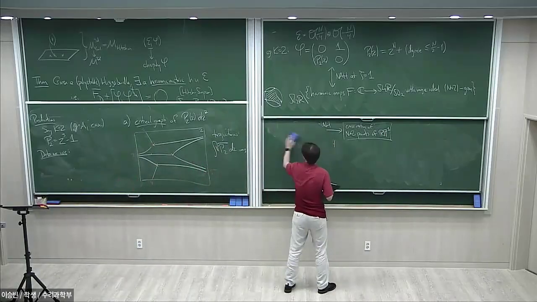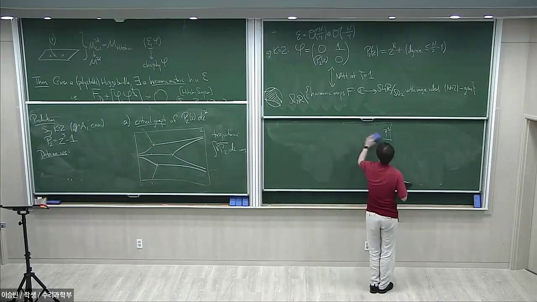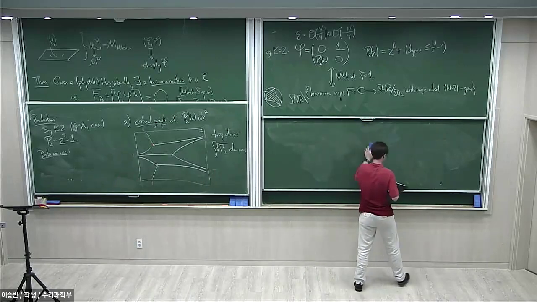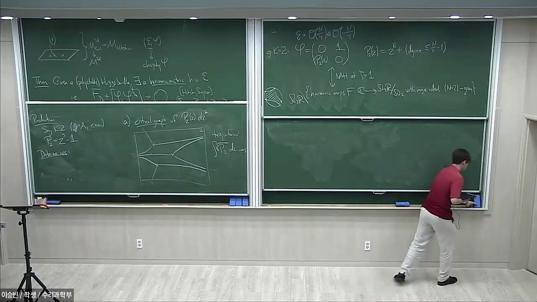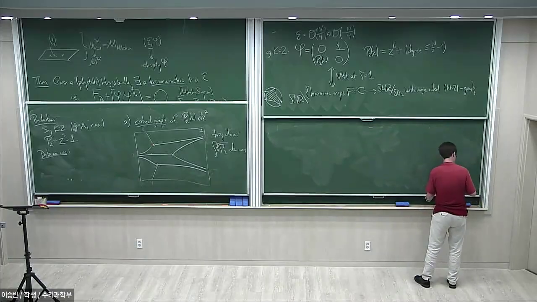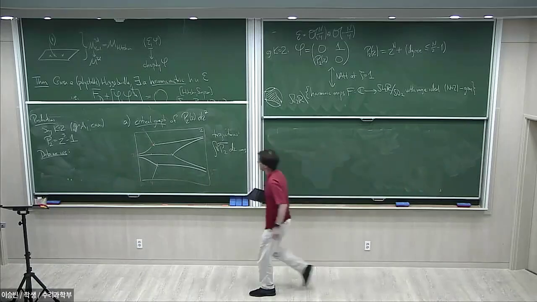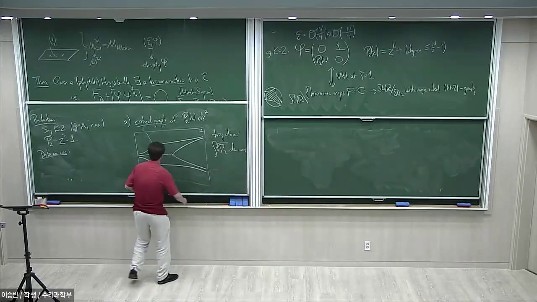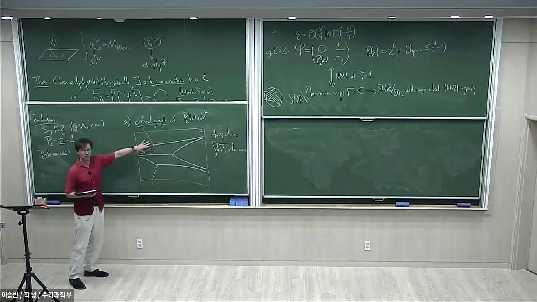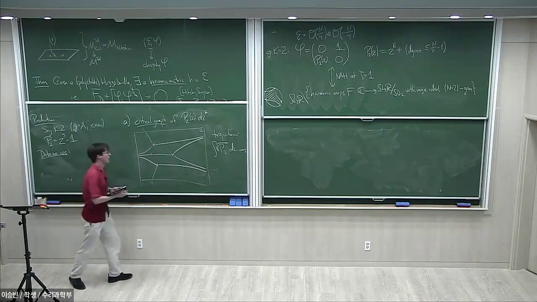Maybe already here we should say, I promised to say where these objects arise in physics. So let's say a tiny bit about where this object would arise in physics.